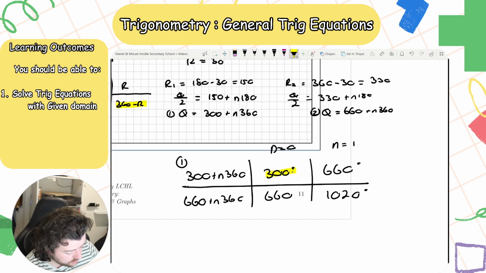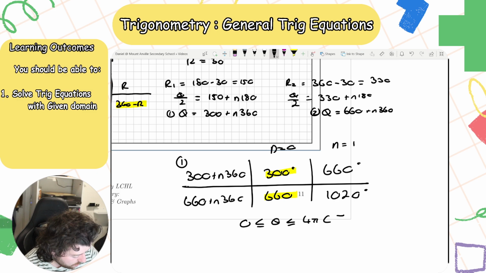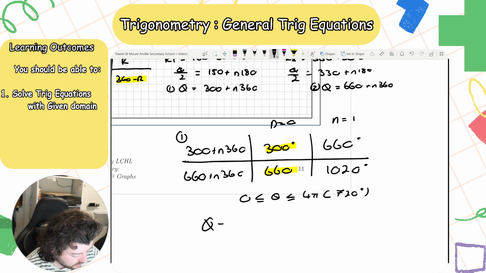So my two solutions are going to be 300 and 660, because remember my domain is between 0 and 4 pi, or 720. And then finally, my solutions, I have to convert to radians. So theta is equal to 300 and 660.